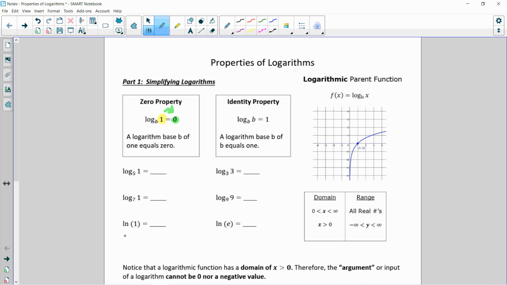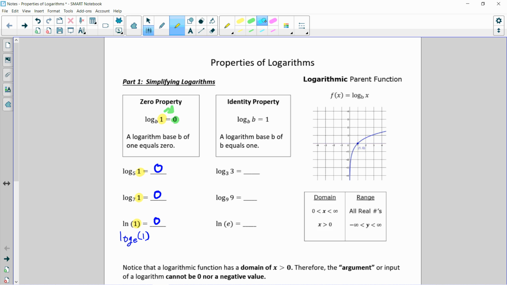And just as a reminder, this is log base e of 1. But nonetheless, we're substituting in 1 here. And this is what we call the argument. So for each one of these, it equals 0.